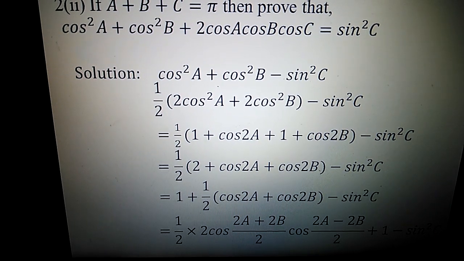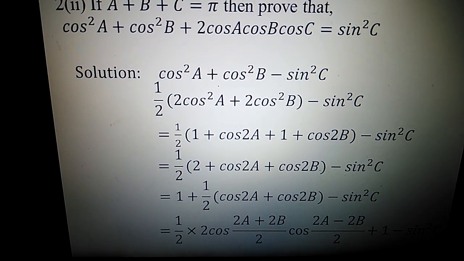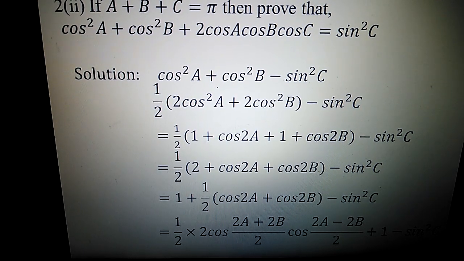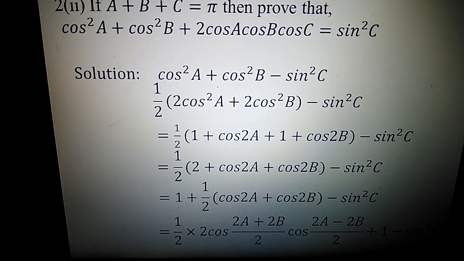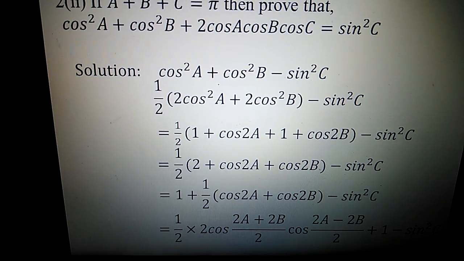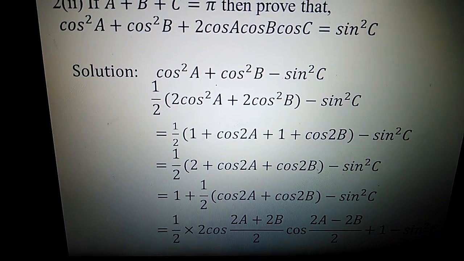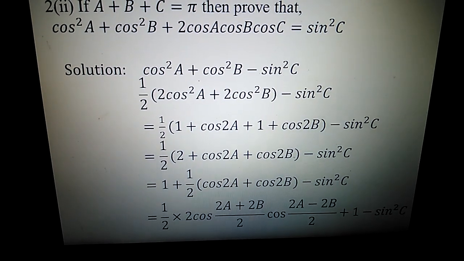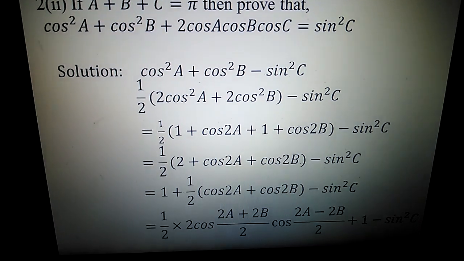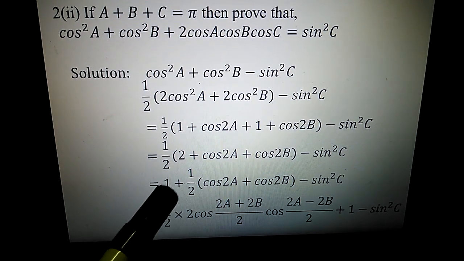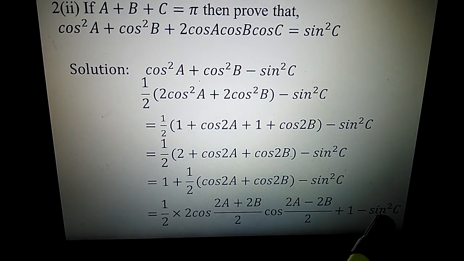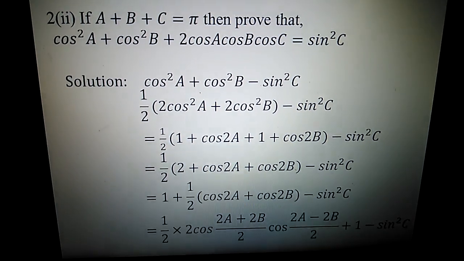It is the formula of cos a plus cos b is 2 cos (a plus b)/2 cos (a minus b)/2. As there are 2a and 2b, that's why we write 2 cos (2a plus 2b)/2 and (2a minus 2b)/2. And instead we just take this one here and it turns 1 minus sine square c.